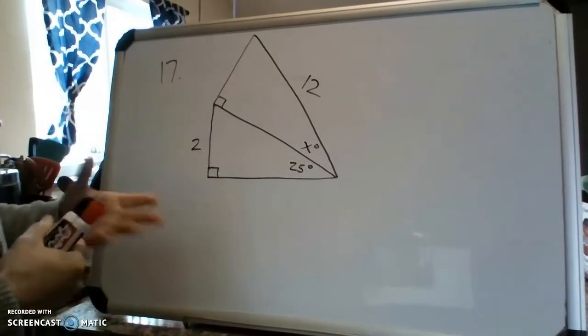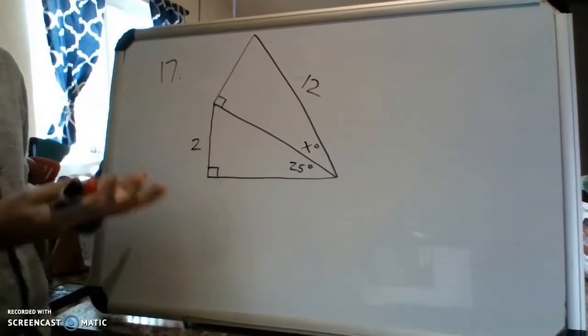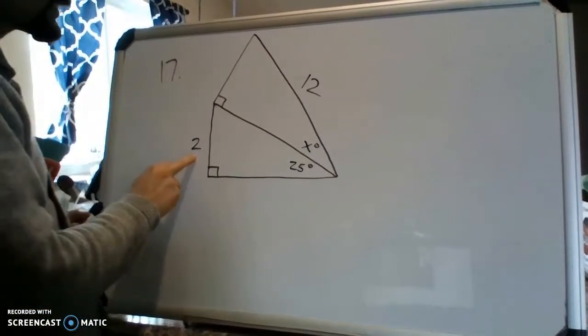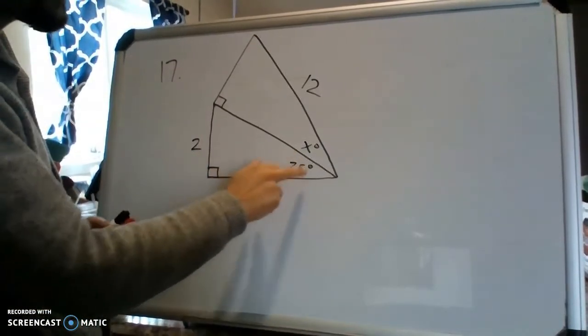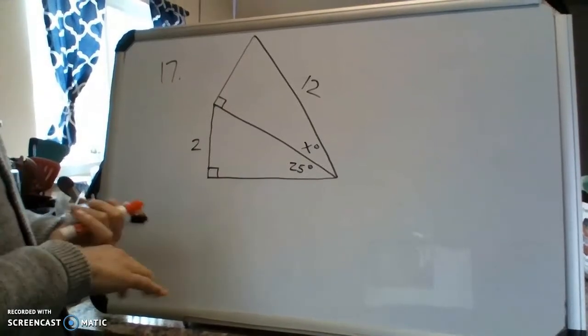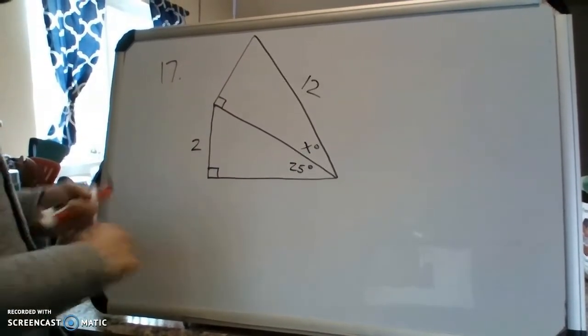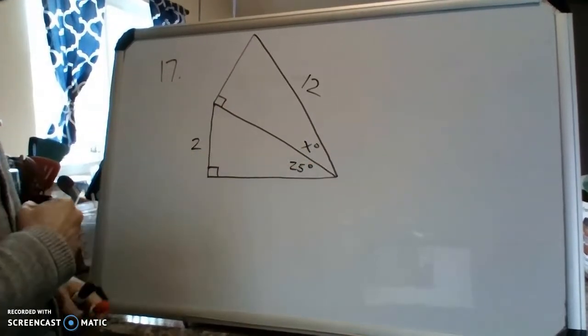So that's a good clue to us that maybe we need to shift our focus down to the lower triangle. We actually know some information about the lower triangle. We have a side and we have one of the acute angles. That acute angle is a 25-degree angle, so it's not one of the special angles like 30 degrees or 60 or 45. So this is going to be something that we could solve using sine, cosine, and tangent.